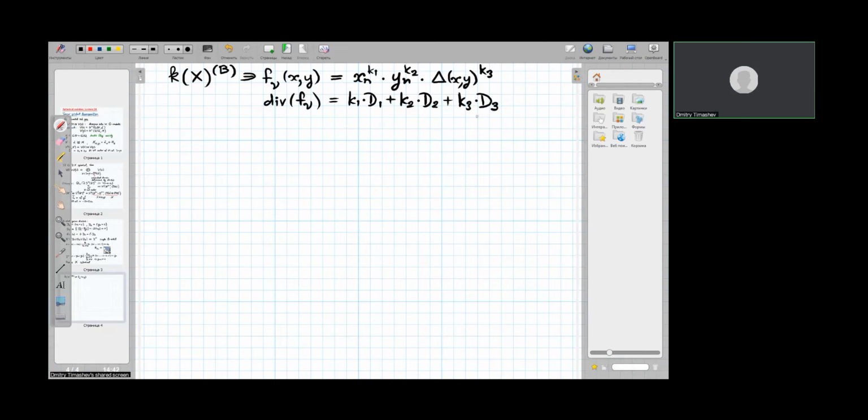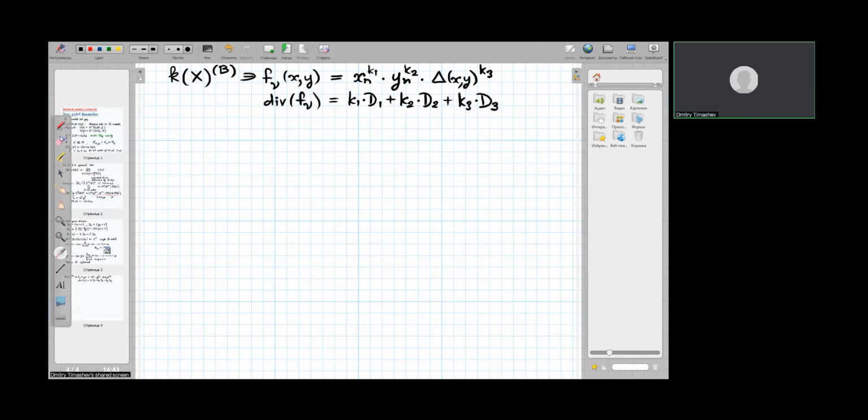But since this product is not just a section of the line bundle corresponding to this divisor, it is a function, there are some restrictions on the exponents, on the powers k1, k2, k3, because this f nu should be a true function in x and y. It cannot change if you multiply the projective coordinates by one and the same multiple.